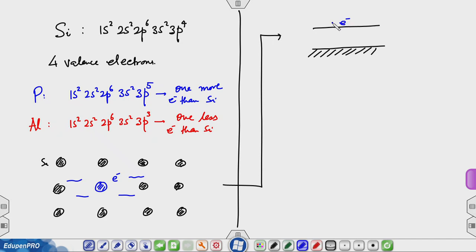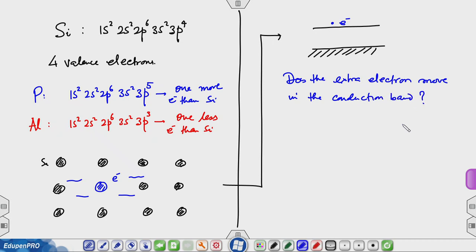So, here is this extra electron. The question is, does the extra electron move in the conduction band? And the answer is no.